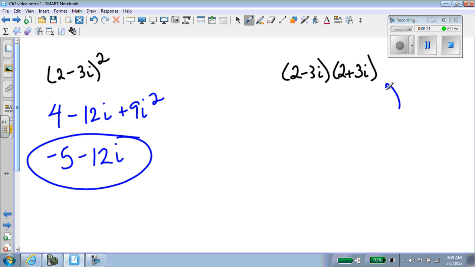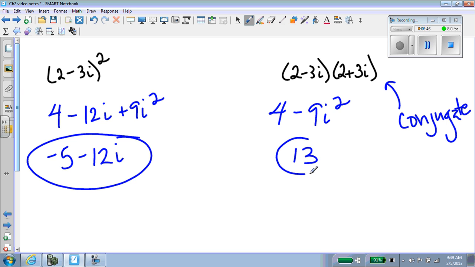For complex numbers, this is called the conjugate. The real part is the same, but the imaginary part is the opposite. And interesting things happen when you multiply a complex number by its conjugate. So this would be 4 plus 6i minus 6i minus 9i squared. So plus 9. So this would be 13. When you multiply a complex number by its conjugate, you always get a real number.